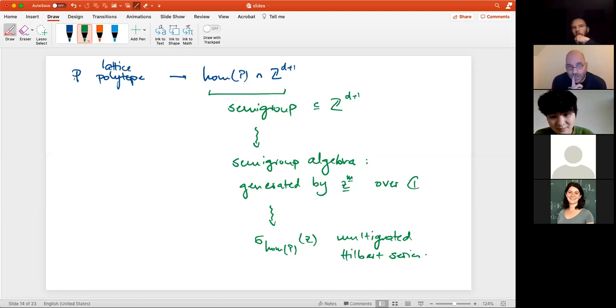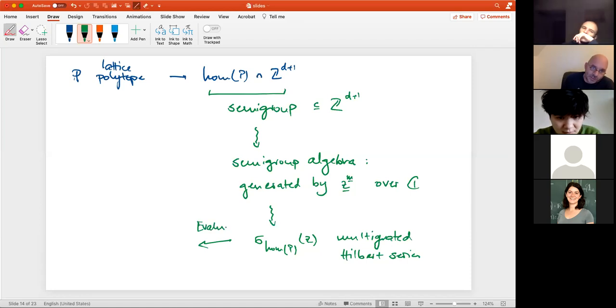So if you now want to get a one variable Hilbert series out of it, that means that you have a linear functional by which you grade. So this is really now an evaluation. You do a special evaluation of my vector z.